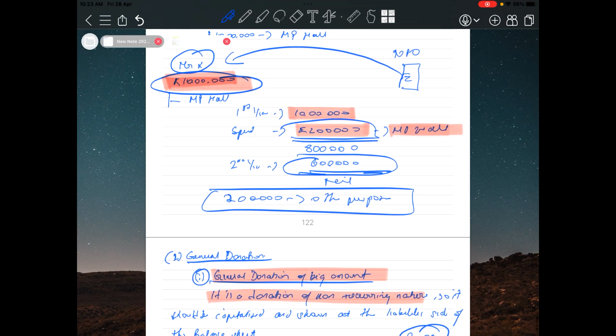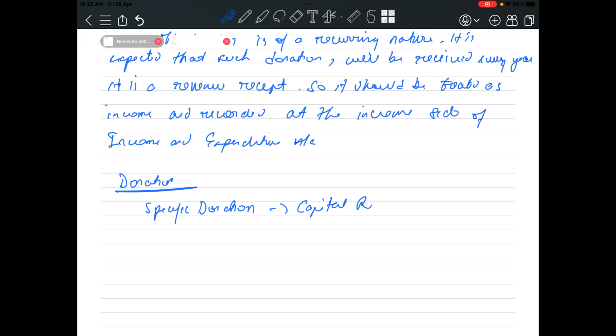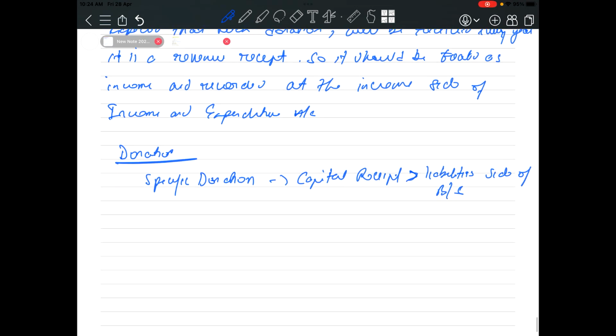Now let's sum up this donation part. You can write the crux of donation. Specific donation is of capital nature. It is a capital receipt, so it will go to the liability side of the balance sheet.